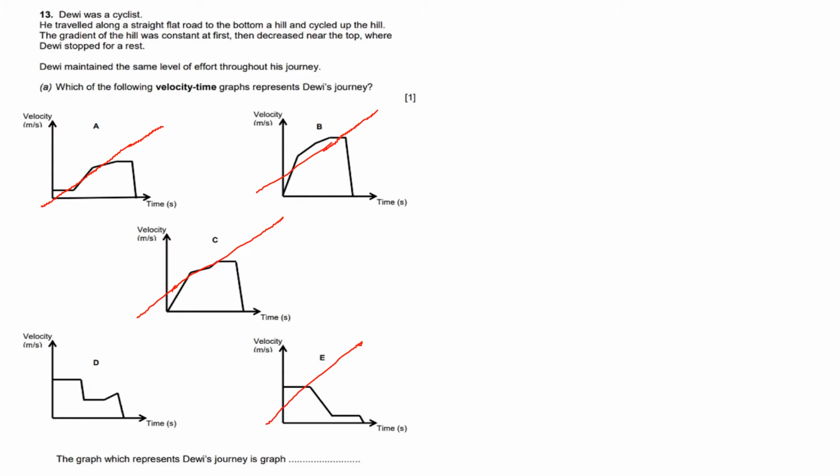And then as he gets near to the top, the gradient's going to decrease. So because he's still putting in the same amount of effort, he's going to accelerate slightly, and then when he gets to the top, he stops. So he immediately decelerates down to a velocity of 0, which means that he isn't going anywhere. So the answer to this question is D.